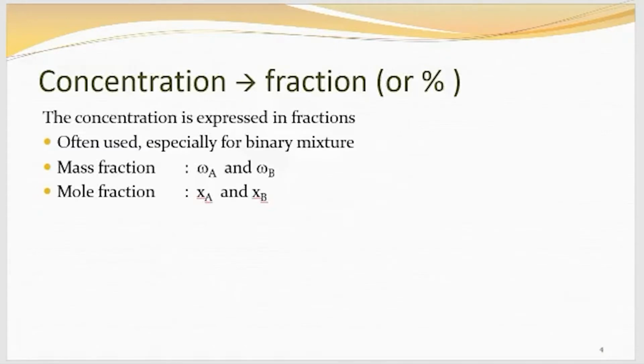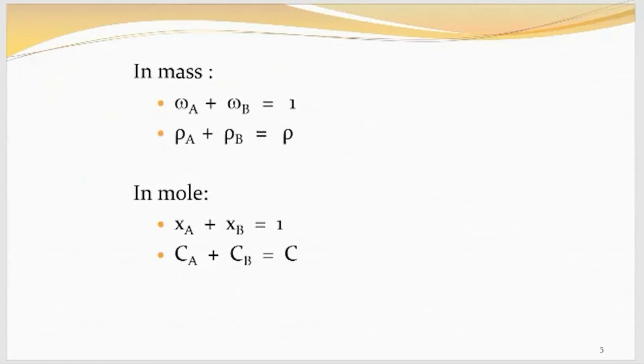The mass fraction is described as omega A and omega B. The mole fraction is described as Xa and Xb. Both the mass fraction and the mole fraction, if you sum them up, result in 1.